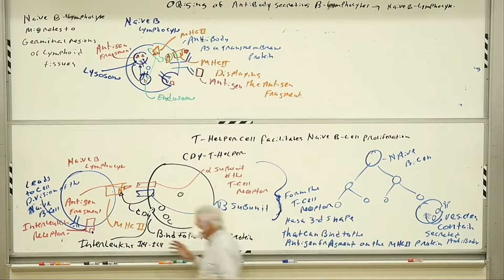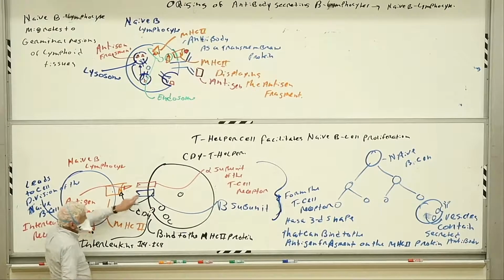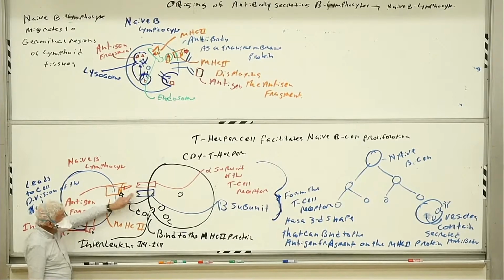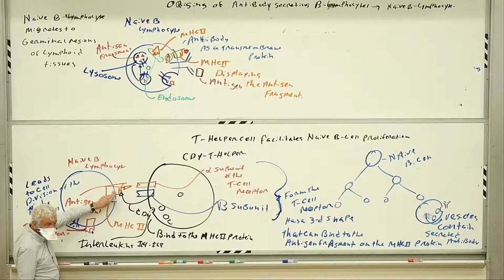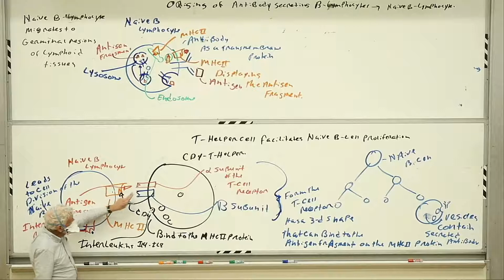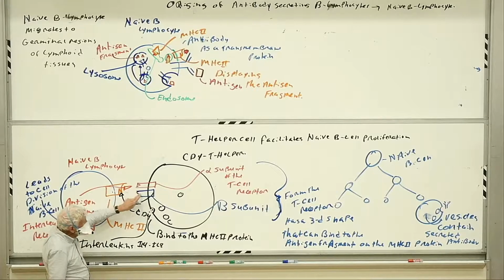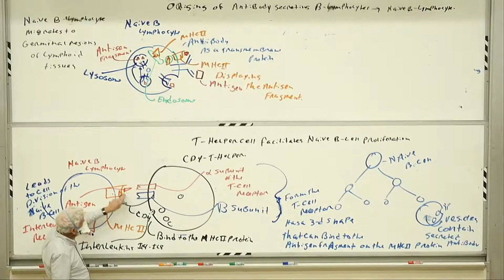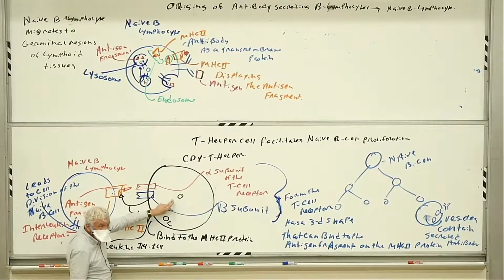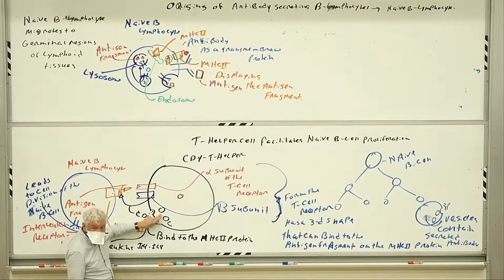So the long and the short of that is, we need a T cell receptor to recognize an antigen fragment on an MHC2 protein. If there's a fit between the T cell receptor and the antigen fragment, then that causes the T cell to release growth factors, interleukins.